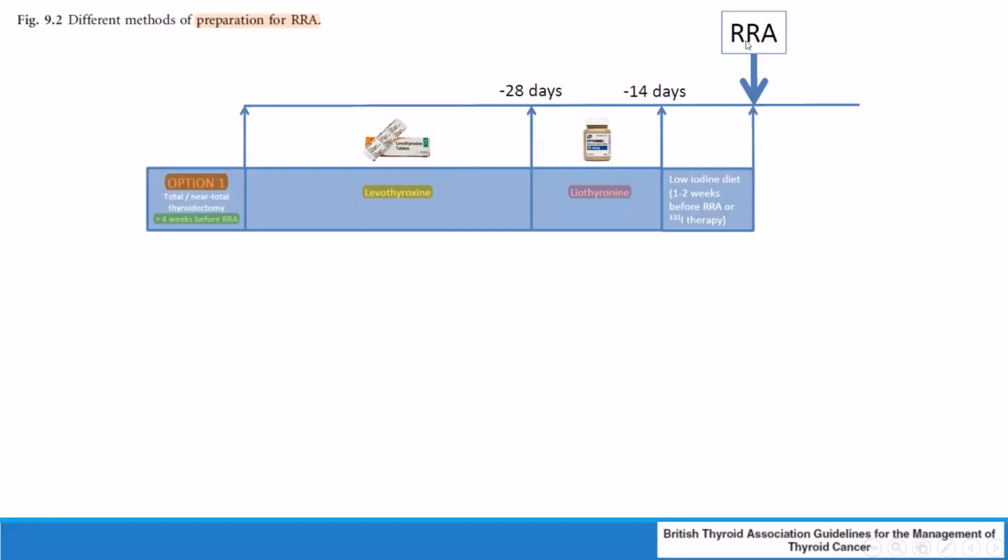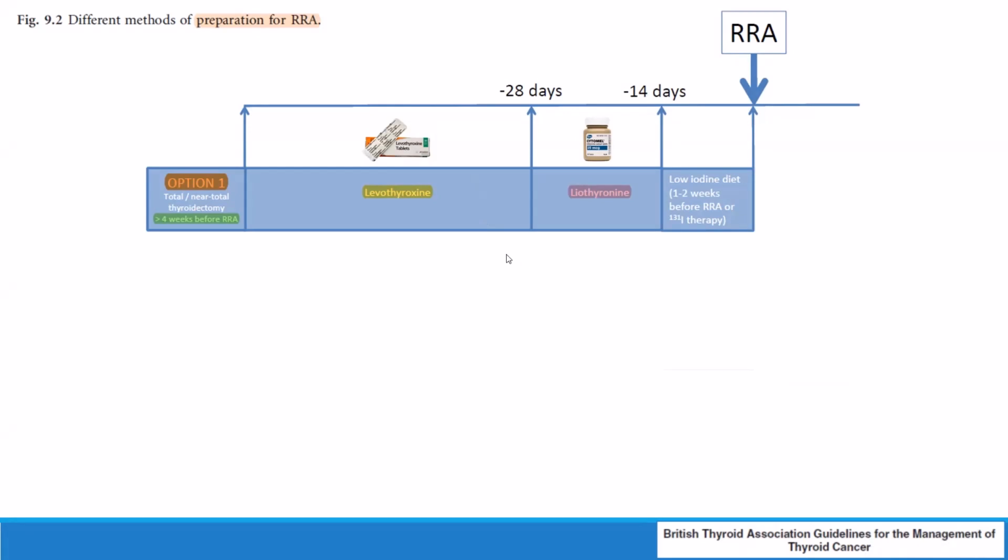Before remnant ablation by 4 weeks, we should stop levothyroxine and give liothyronine, which is Cytomel, T3, until 2 weeks before radioiodine remnant ablation. So I will stop Cytomel 14 days before the day of radioiodine.